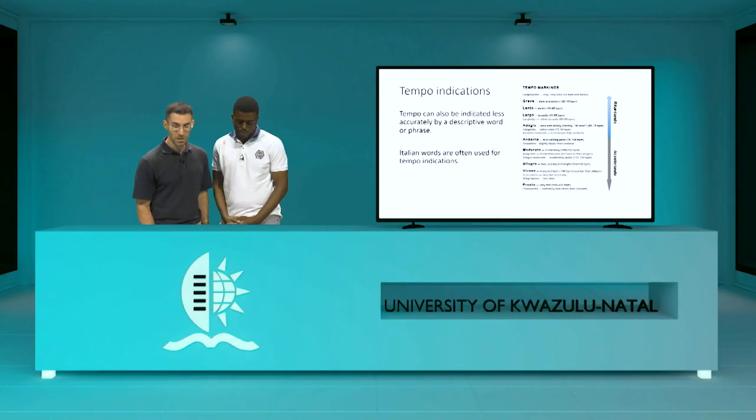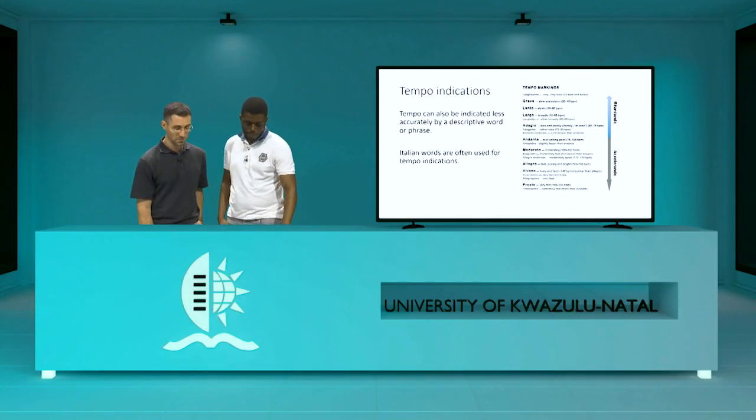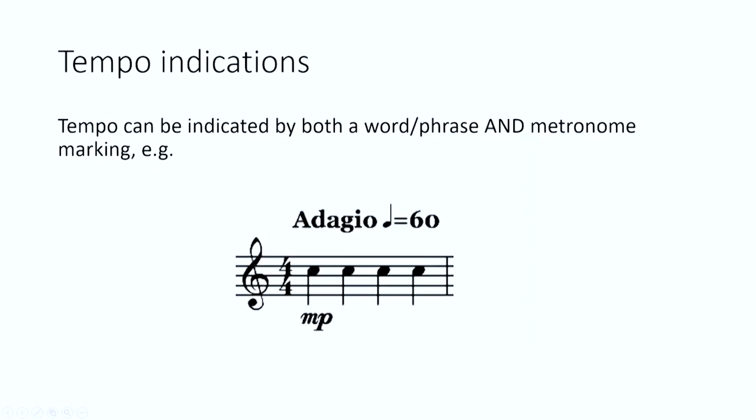Now, when you are notating music, where does the tempo indication come? If you look at the screen now, you'll see that the word adagio, which means quite slow, is at the top, above the notes. And then you also get a little crotchet equals 60. So you can have the name adagio and a metronome marking, or you could just have adagio without the metronome marking, or you could just have the metronome marking on its own.